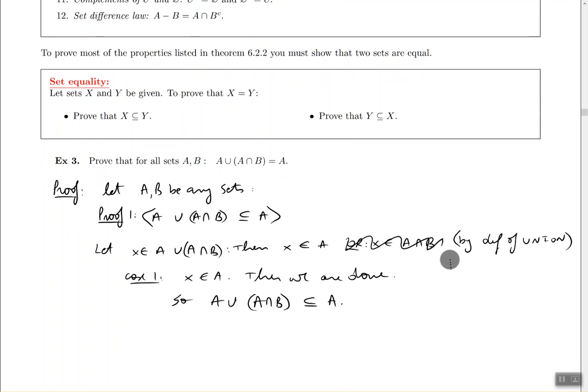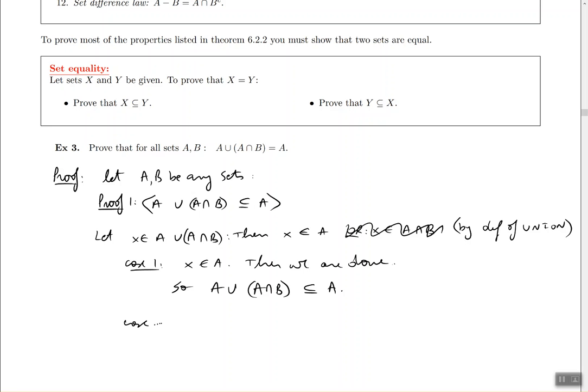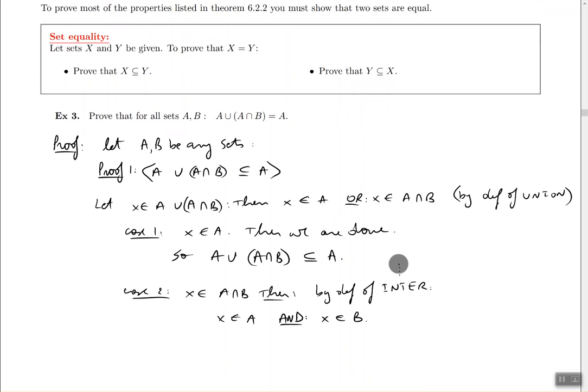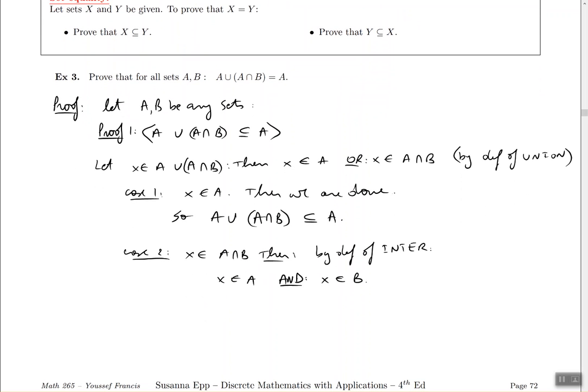Now, what about the other case, case number 2? So case number 2, basically, we're going to pretend that X came from A intersect B, but not from A. So, well, then by definition of intersection, we can say that X was in A and at the same time X was in B. By intersection, if you're in A intersect B, then you're in the first set and automatically in the second set.